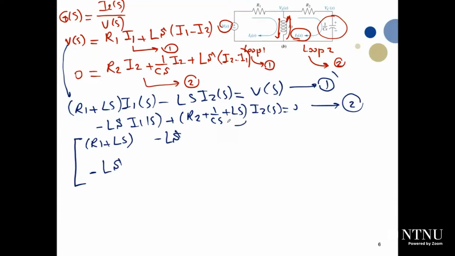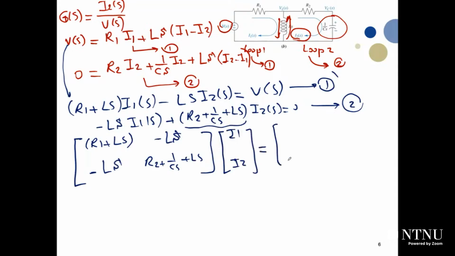And in that part, we will write this coefficient, which is R2 plus 1 divided by CS plus LS. So now we have the coefficients in one matrix. The next one will be a vector consisting of I1 and I2, equal the right-hand side, where we have VS and we have 0. So now we have something like matrix multiplication: one matrix multiplied by a vector equal one vector.